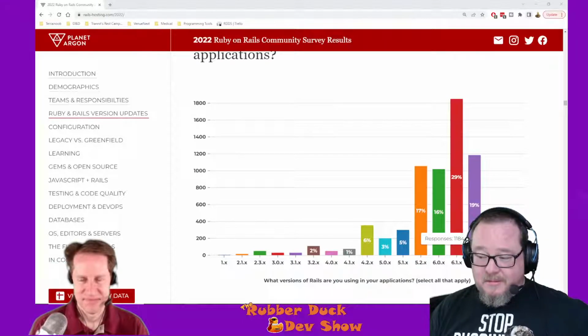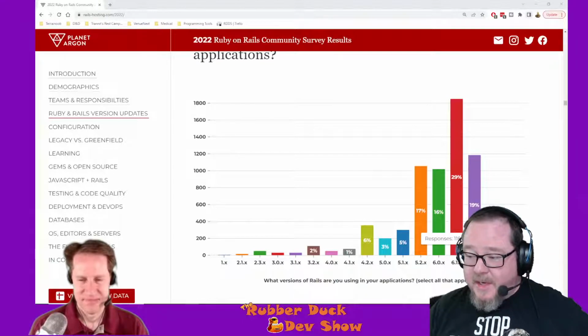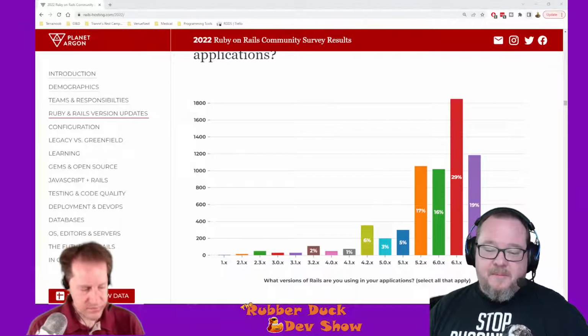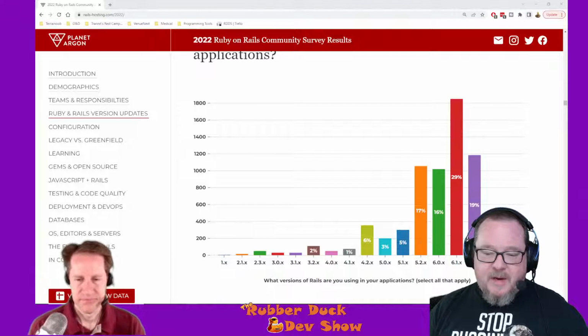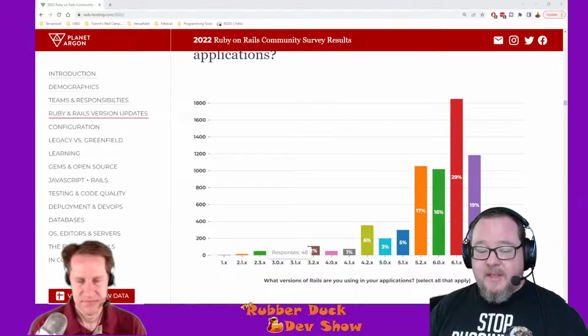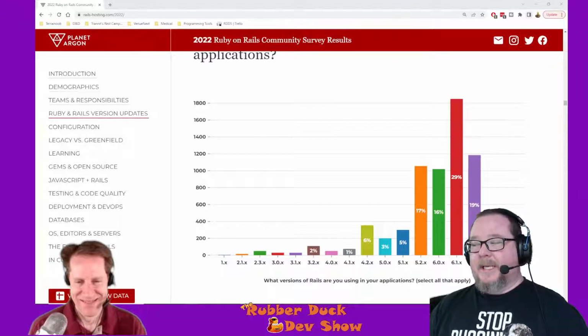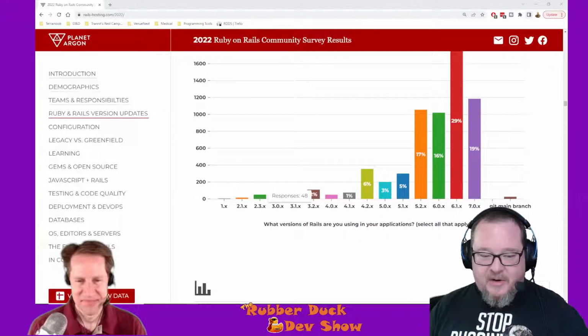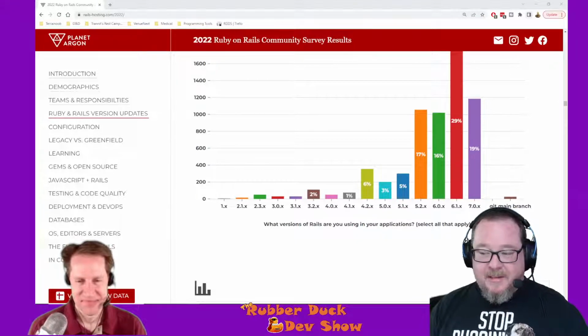I will try to stay on the very latest in my play environments. But yeah, this graph doesn't really surprise me. This is kind of what I had expected to see, and what I saw. I'm a little surprised at how many people are on the 2.3 though. I mean, eek. That's a security issue waiting to happen there.